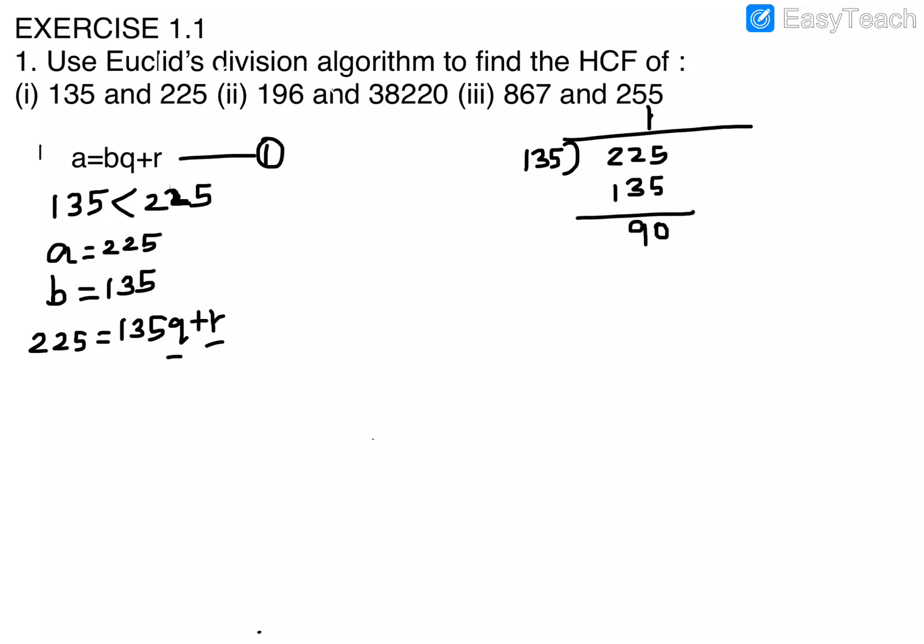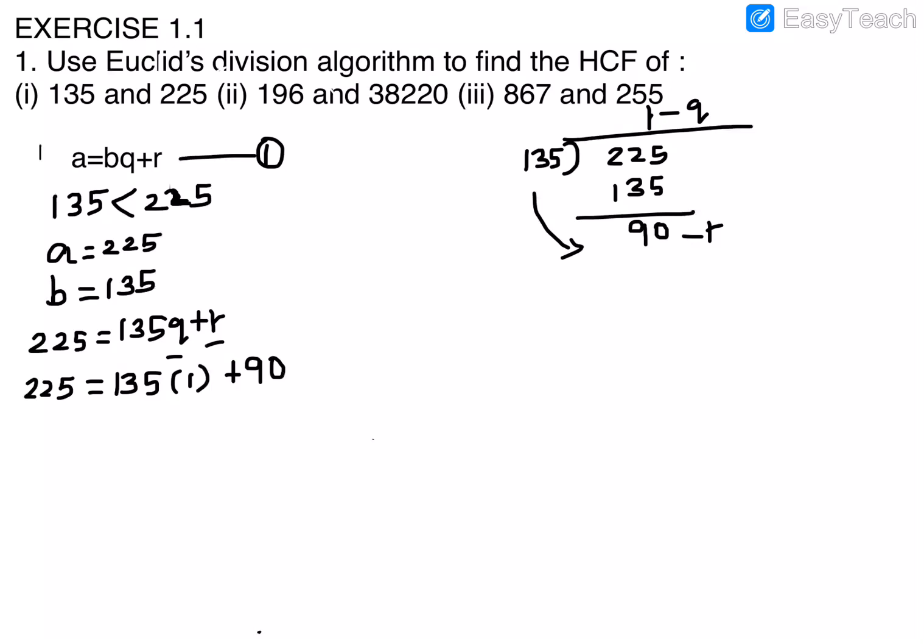Here the remainder is less than our divisor, so we cannot continue the calculations. So let's substitute the Q and R values. Here Q is 1, R is 90. So we have 225 equals 135 into 1 plus R 90.